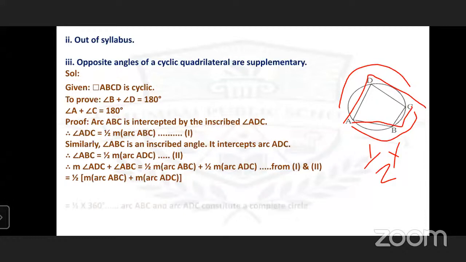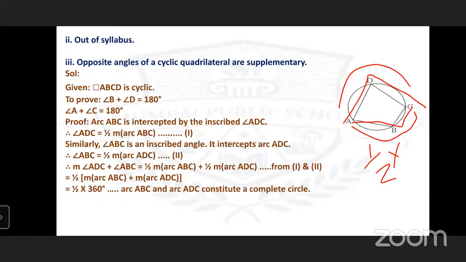So the total circumference is equal to 360, right? So half into 360, the complete circle has come here. So 360 divided by 2 is equal to 180 degrees.